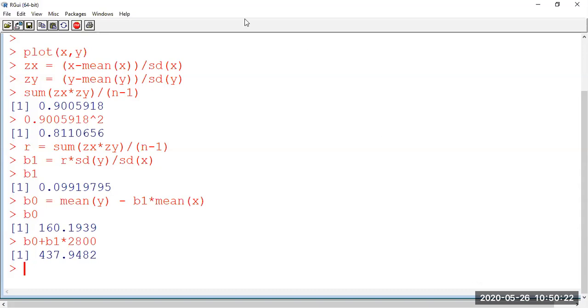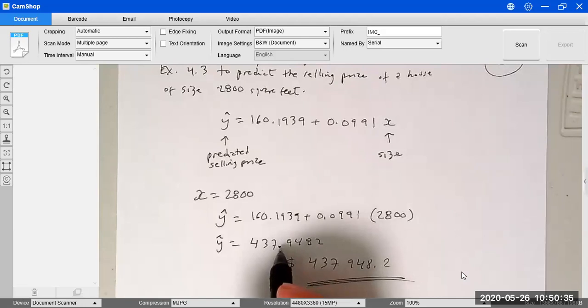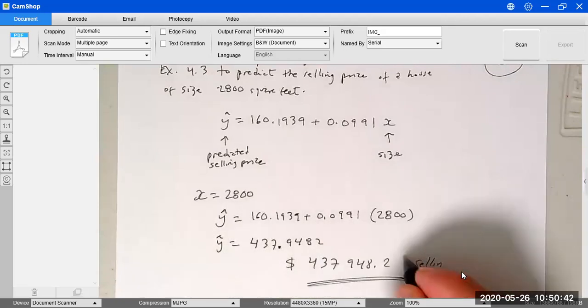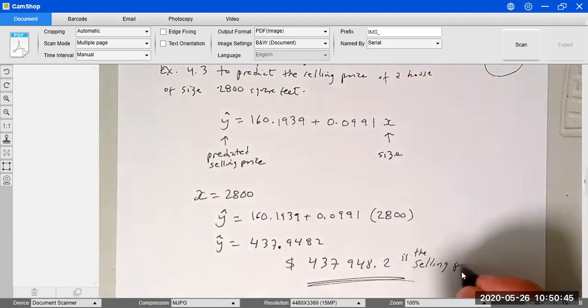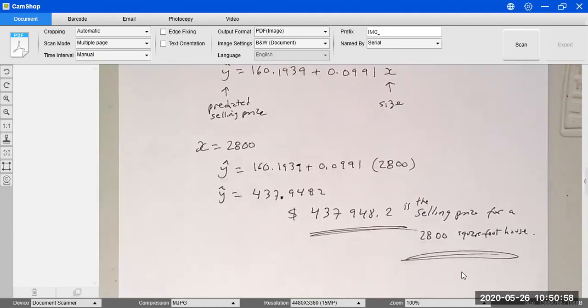Remember, the prices were given to us in thousands of dollars. So reporting just $437 is not the price of the house, but if you multiply this by 1,000, then you get the selling price for a 2,800 square foot house. So that's the problem.